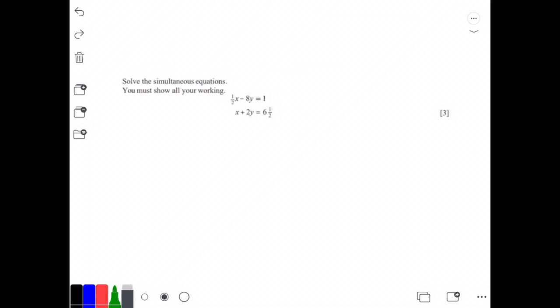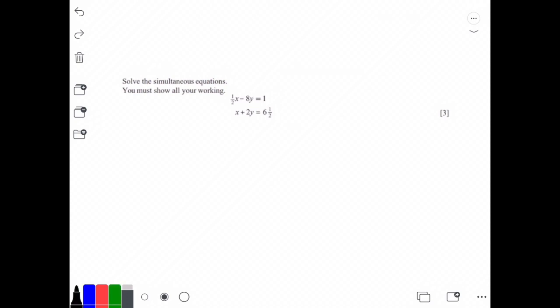So for this question, half x minus 8y equals 1, and x plus 2y is equal to 6.5.